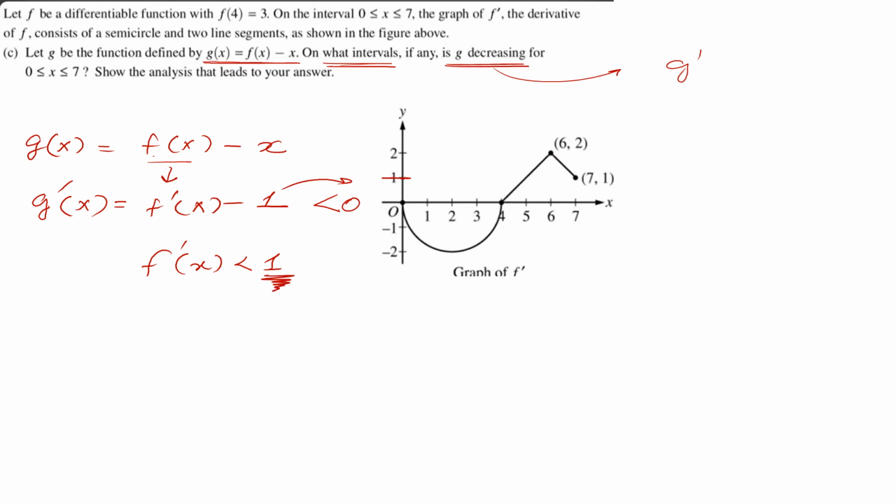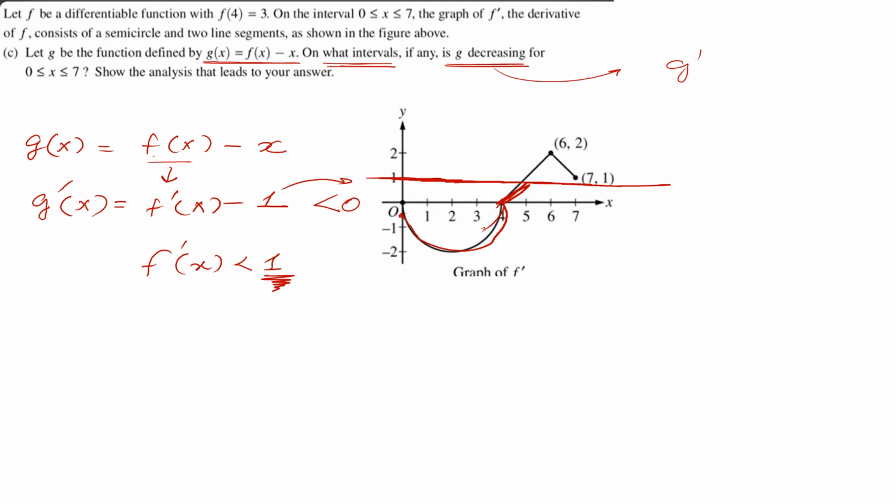So visualize at what values the derivative is less than 1. If I assume a line at 1, you can clearly see that from 0 till 5 the graph is below the value of 1.